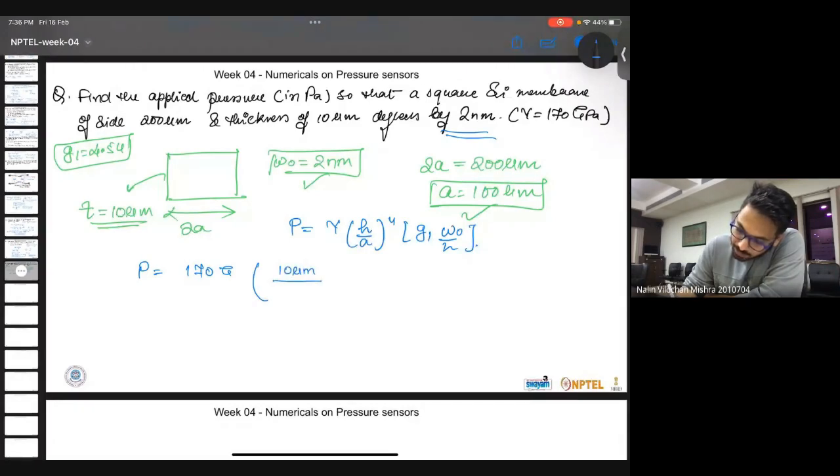The side A is 100 micrometer. The value of G1 for silicon is 4.54. The value of W naught is 2 nanometer, and the value of H is 10 micrometer.